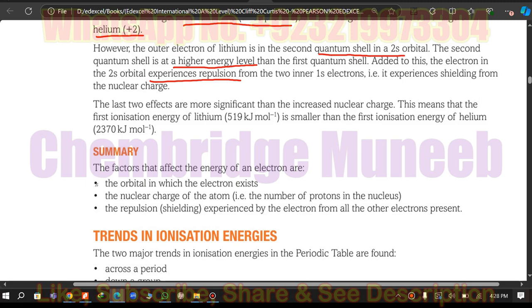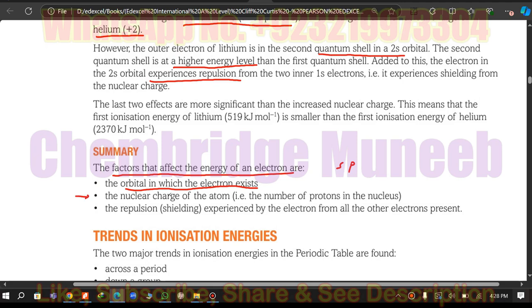Now we can summarize these points. The factors that affect the energy of the electron are, first, the orbital in which the electron is present, meaning whether it is in a p orbital or an s orbital.